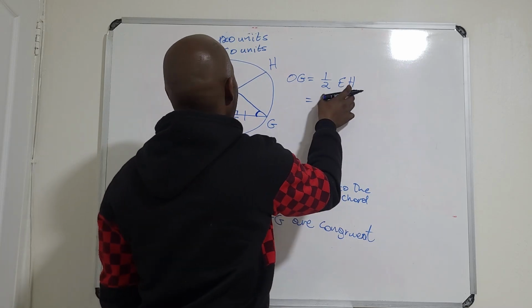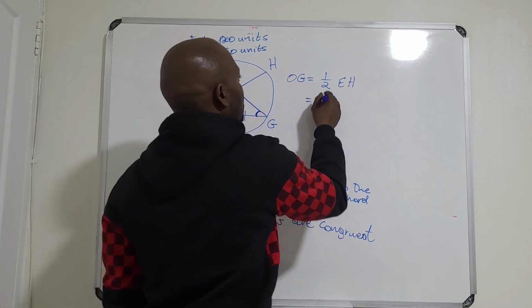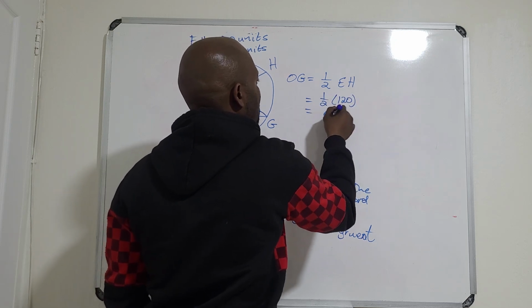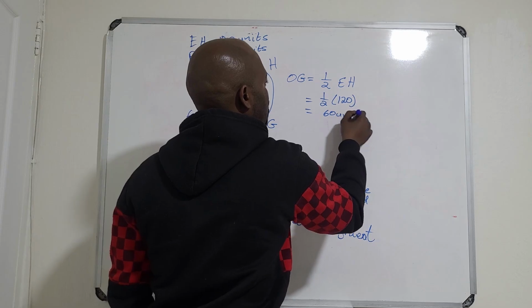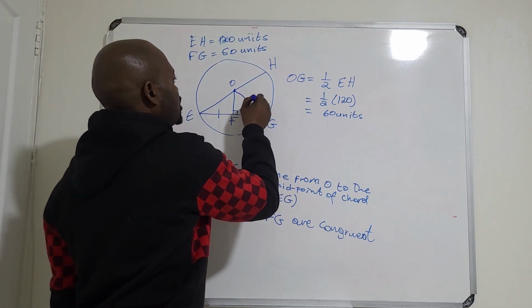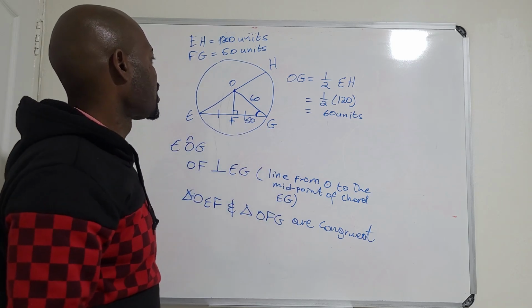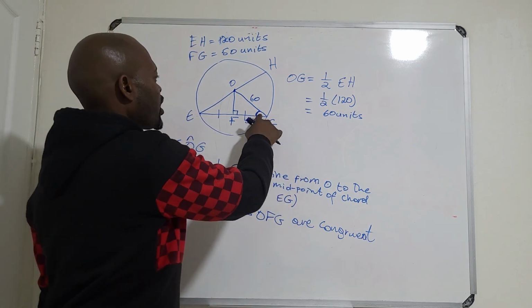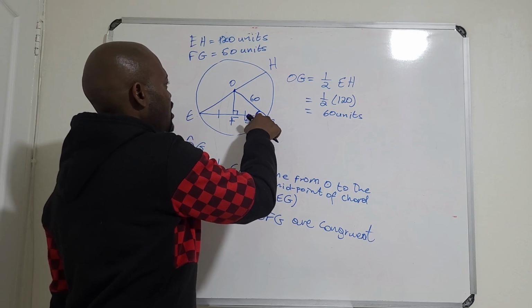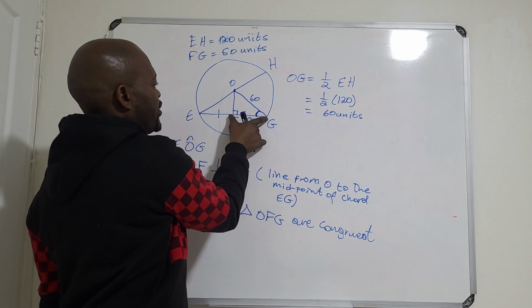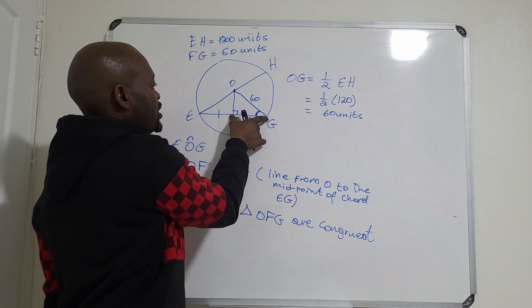Now, we can find OG, which is 60 units. Now we've got 60 units there, we've got 50 units there.